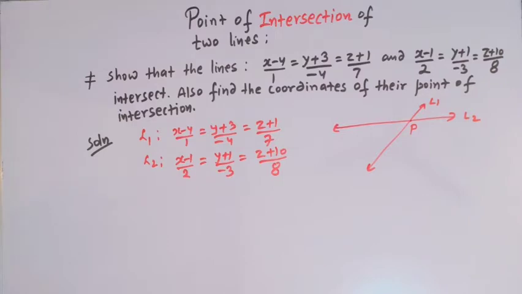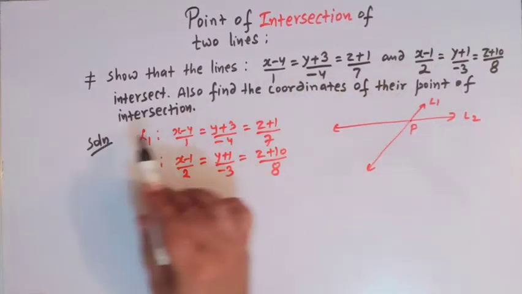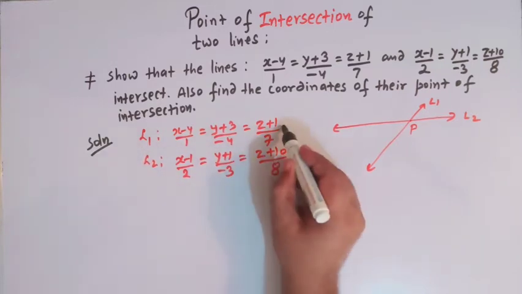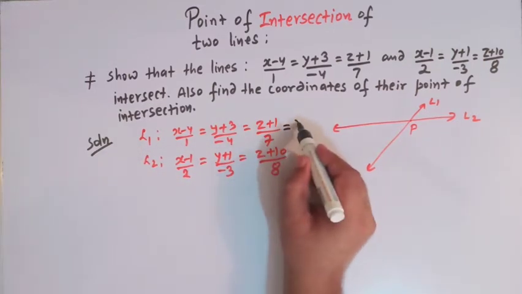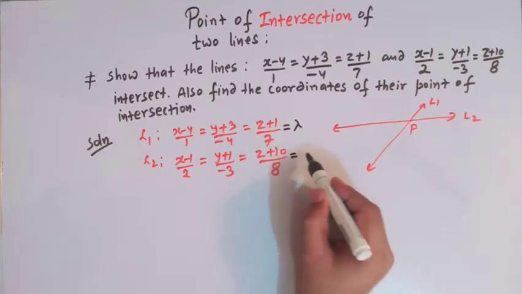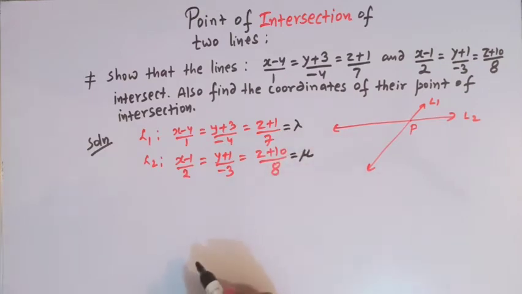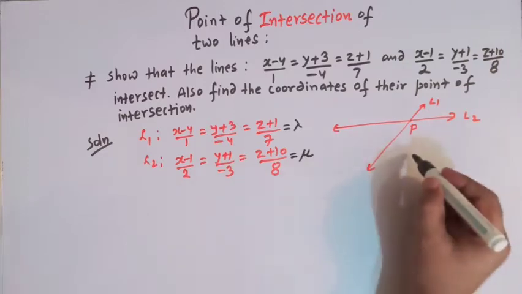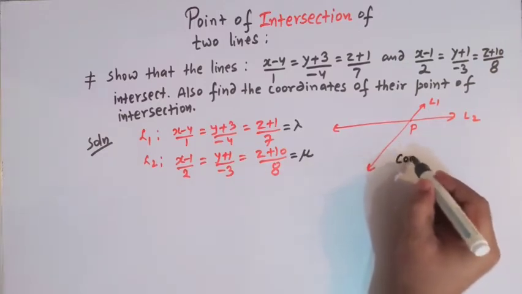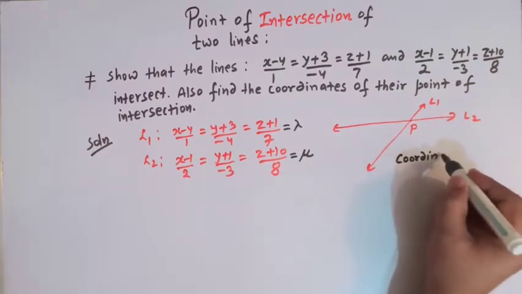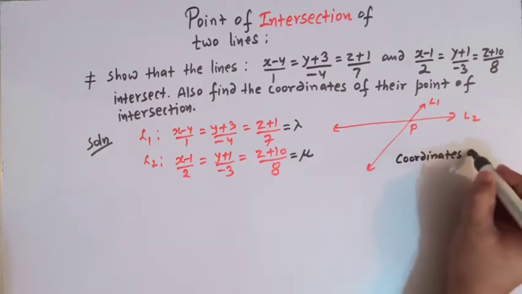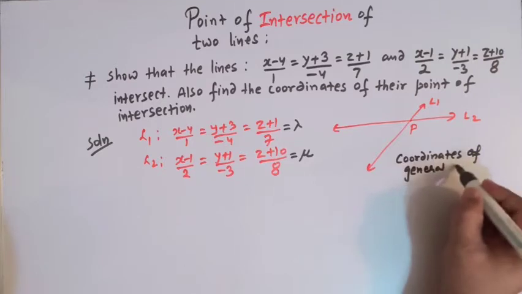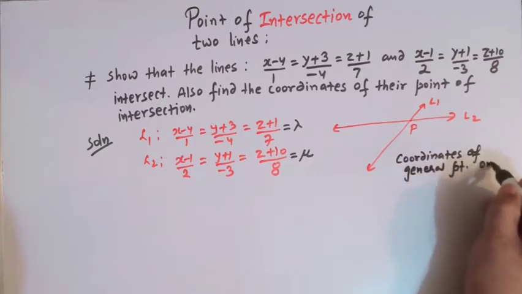So we have to show that these two lines are intersecting. So here we will introduce the parameter lambda, and here we will introduce the parameter mu. Now we will find the coordinates of the general point on the two lines, right?